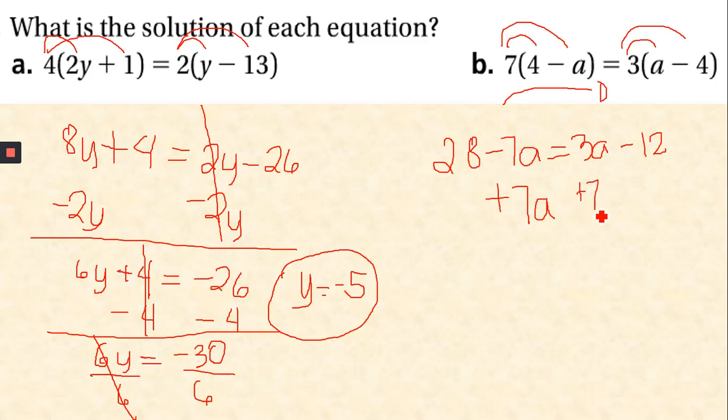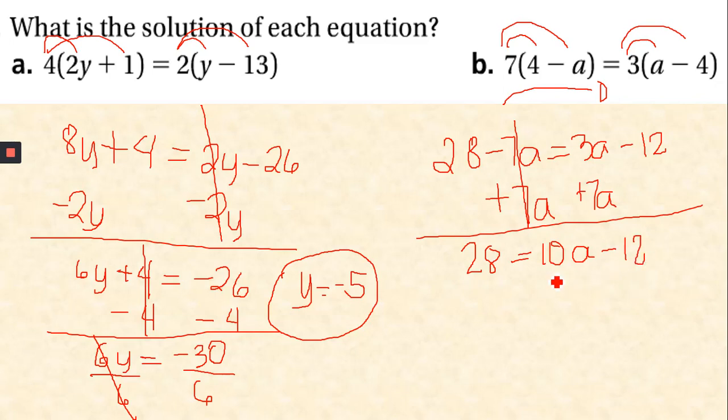Positive 7A. Okay? So you now have 28. Negative 7A plus 7A, that will be 0, is equal to 3 plus 7, that is equal to 10A. Bring down negative 12.